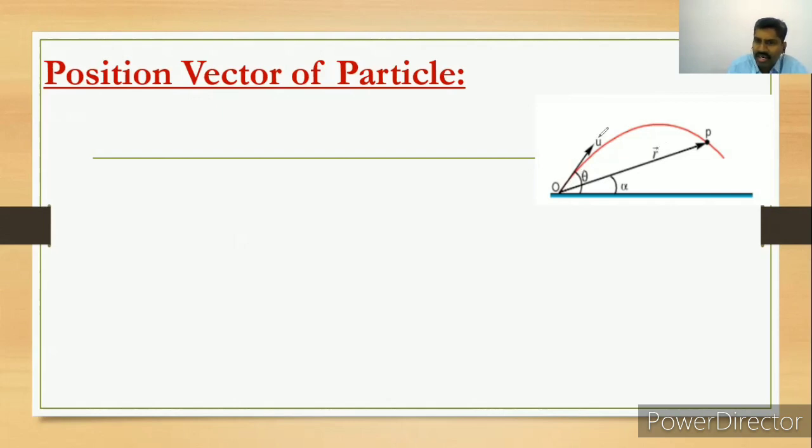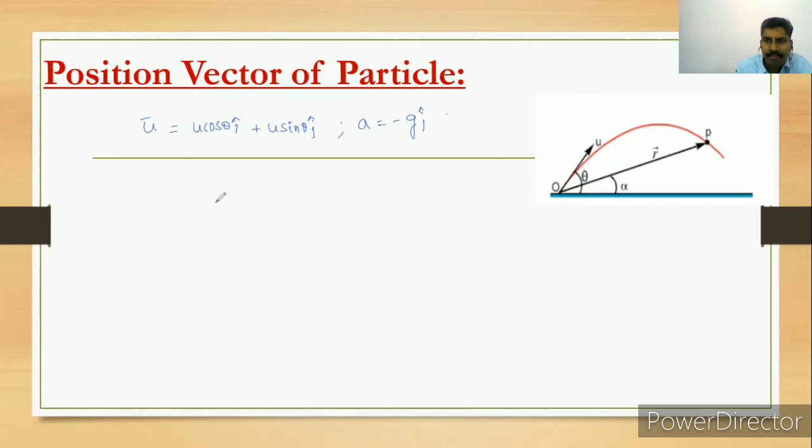Initially, the initial velocity is resolved into two components, so the u vector is u cos theta i cap plus u sin theta j cap, same as before. Here also the acceleration a is equal to minus g j cap.